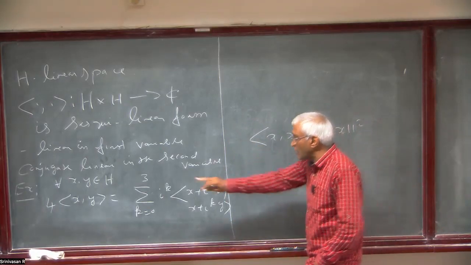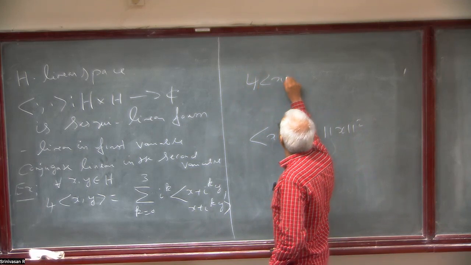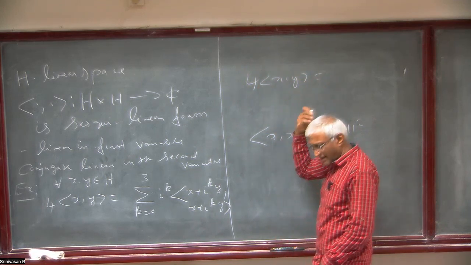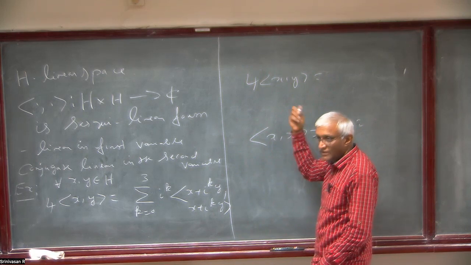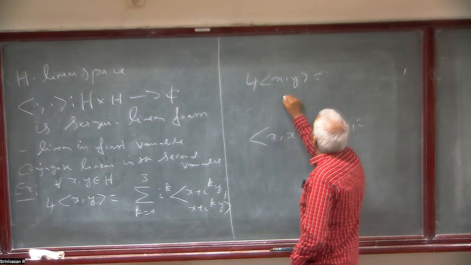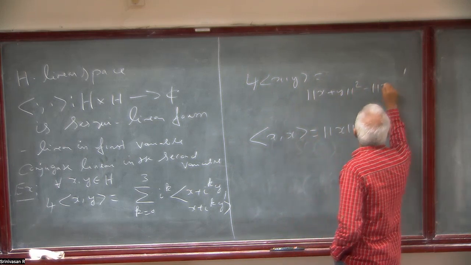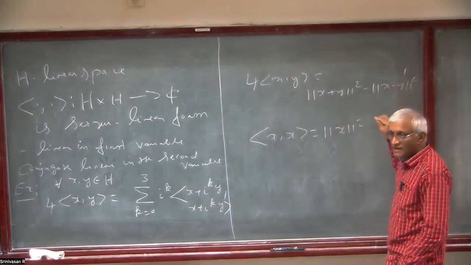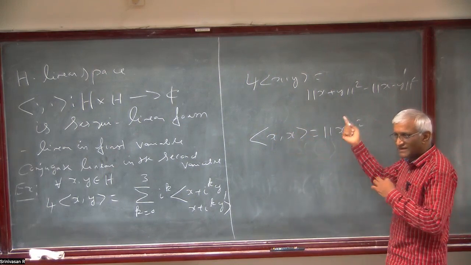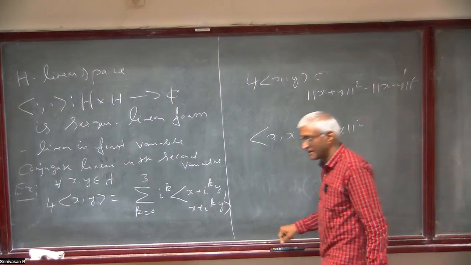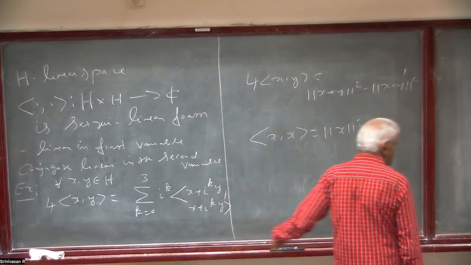For a vector space over the reals, you have something like this: the inner product of x and y equals a quarter of the norm of x plus y squared minus the norm of x minus y squared. But that will not be satisfied in the complex case, since you get the imaginary part as well. So that will not work.